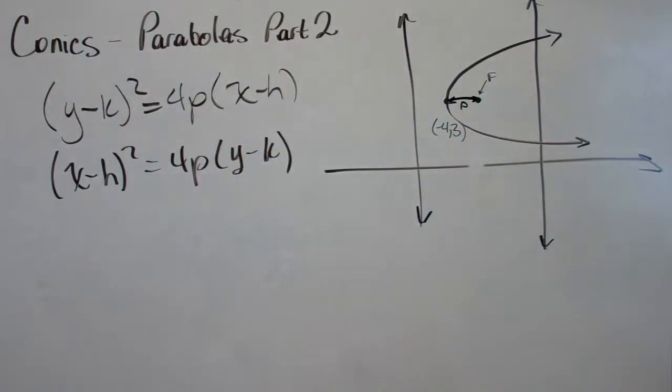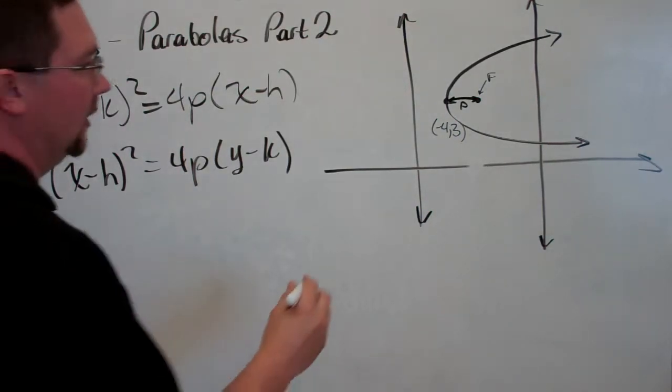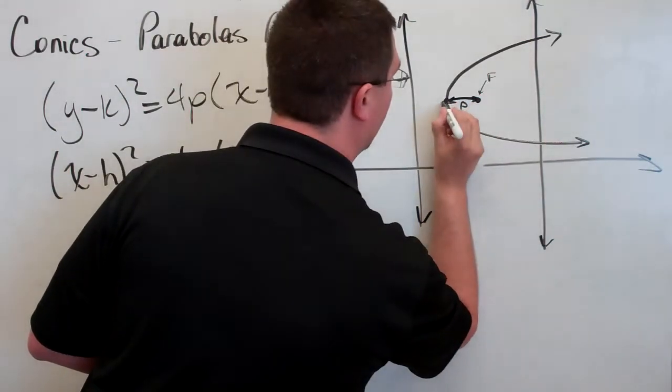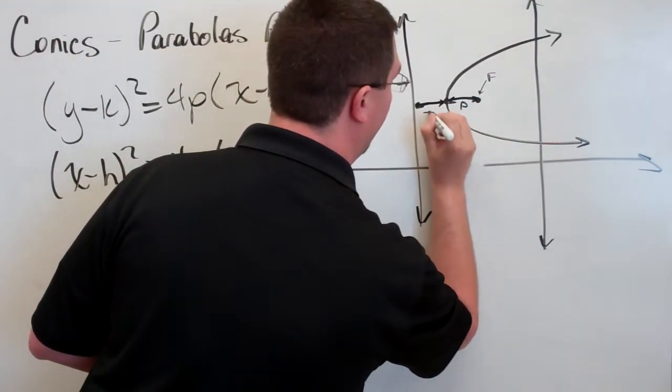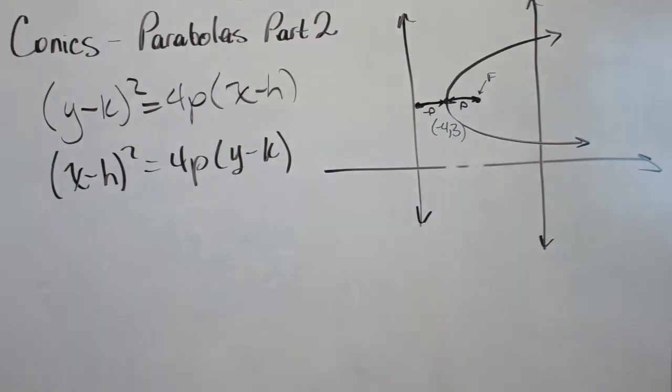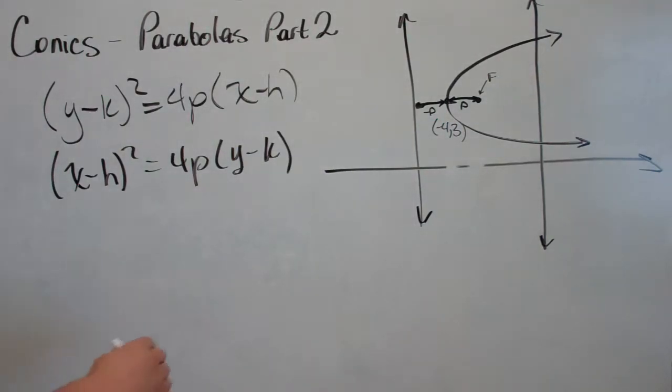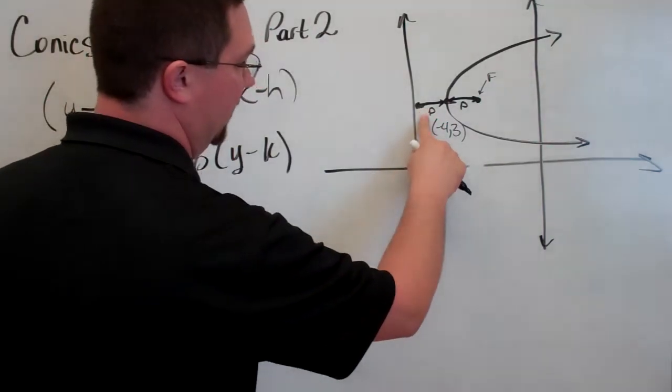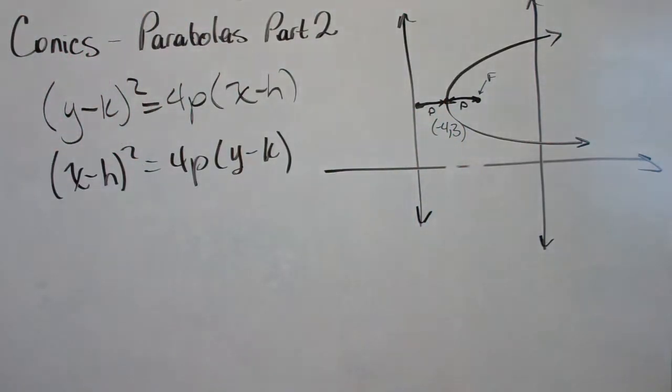That distance there is p. Now, the distance here is also p. So the distance from the center point to the focus point is p, and the distance from the focus point perpendicular to the directrix line is also p.